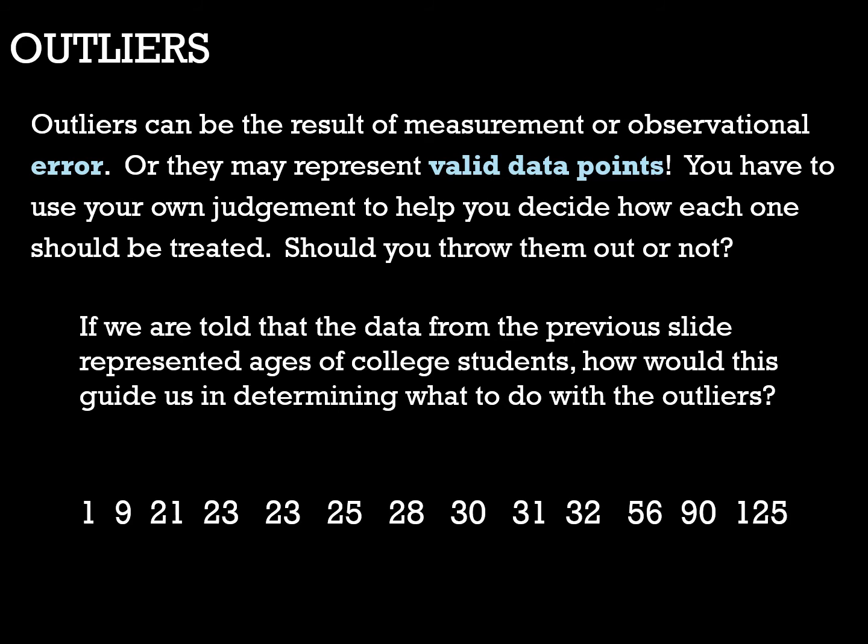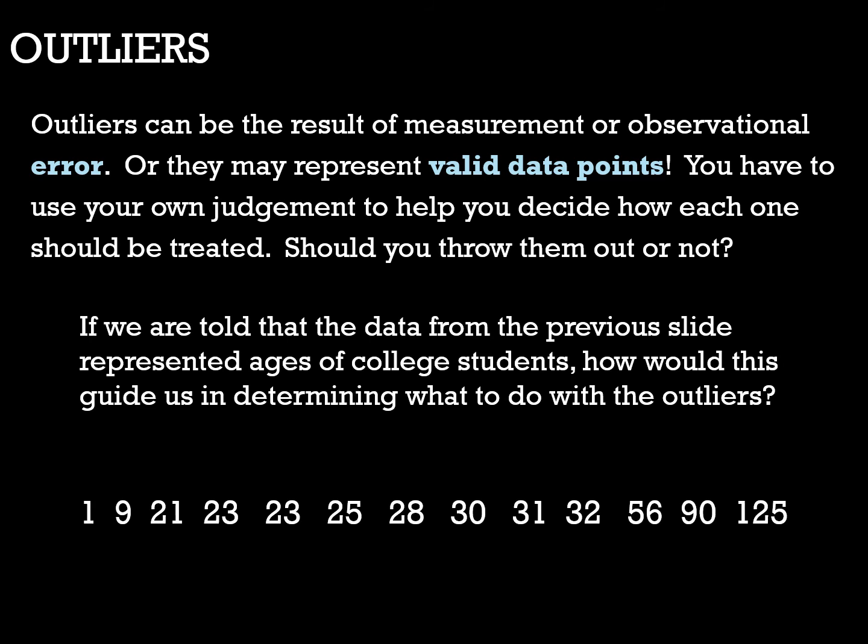Now 90, let's look at that. Is that possible? It is possible. Not too many 90-year-olds are taking college classes, but I know for a fact there are some who do. So 90 is something we'd have to think about and say, well, it's not absolutely impossible. Maybe there really was somebody who was 90 years old. The 125, though, we know for sure. Nobody, I don't think, has ever lived to 125. So that 125, no way, that couldn't happen.